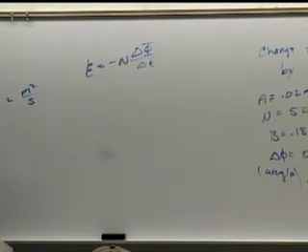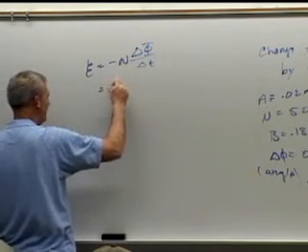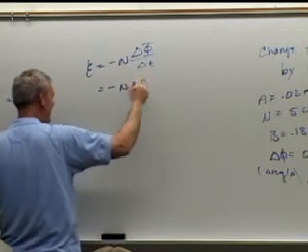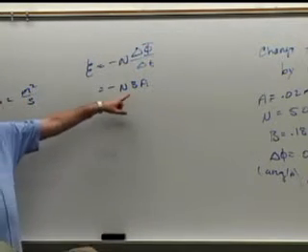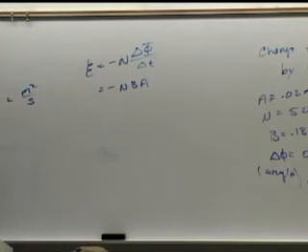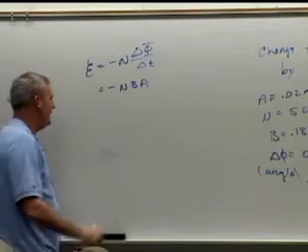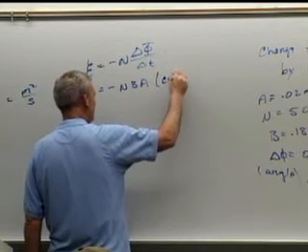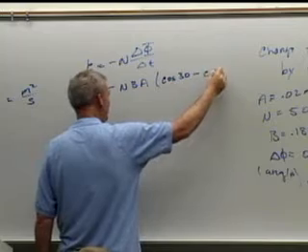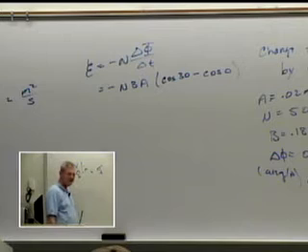The only thing that's changing here is the angle, so I can pull everything out and go minus N times B times A, because the magnetic field's never changing and A is not changing. The only thing that's changing is cosine of 30 minus cosine of 0. So cosine of 30, is that the one that's pi over 6? Okay.